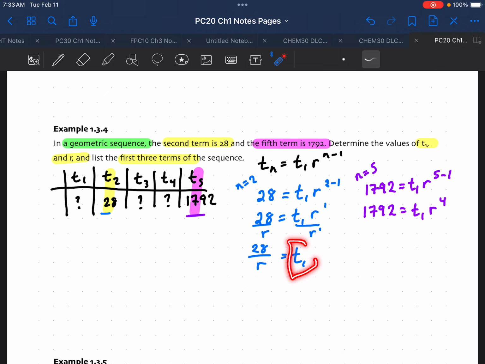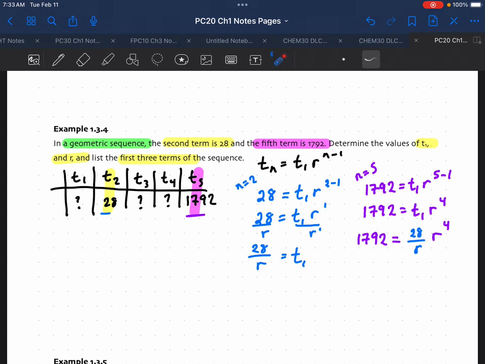Now that I know what term 1 equals, I can replace term 1 over here with this. So I'm going to take 1792 is equal to term 1, which is now 28 divided by r, times r to the power of 4.